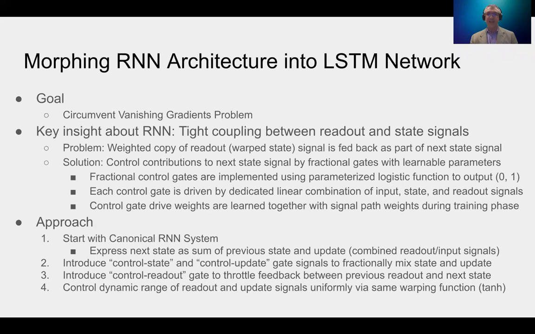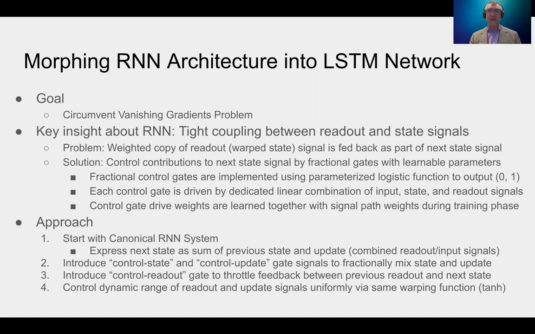While the data signals are still warped by the hyperbolic tangent and produce output in the range between -1 and 1, the control gates are implemented using the logistic function in order to output fractions between 0 and 1.